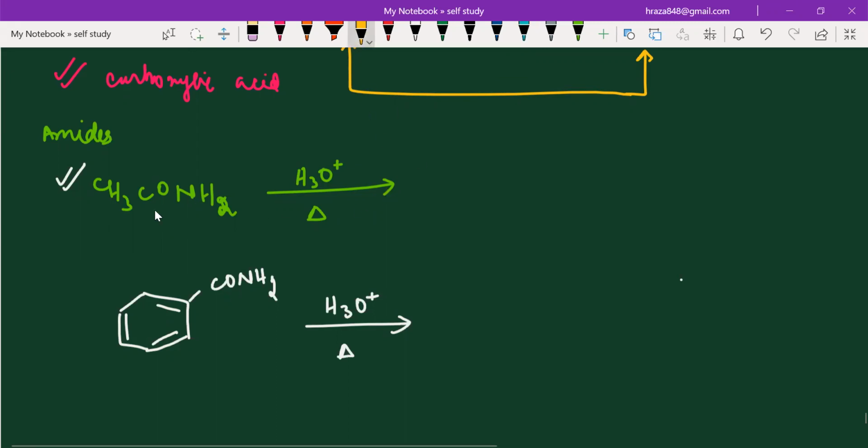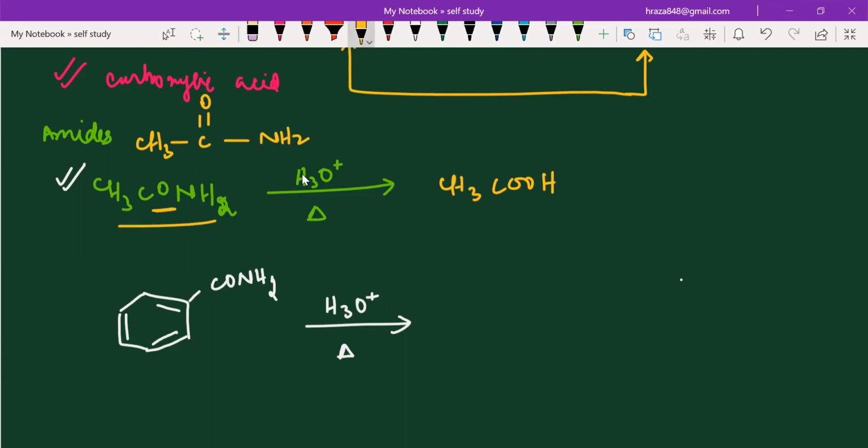Okay, let's see. This will be directly converted into CH3COOH. It's very easy to understand. This was CH3, C double bond O, and this is your NH2. Now this H3O+ has two parts, H+ and OH-. You know this will have a negative sign and this will have a positive sign, so positive will get negative and negative will get positive.